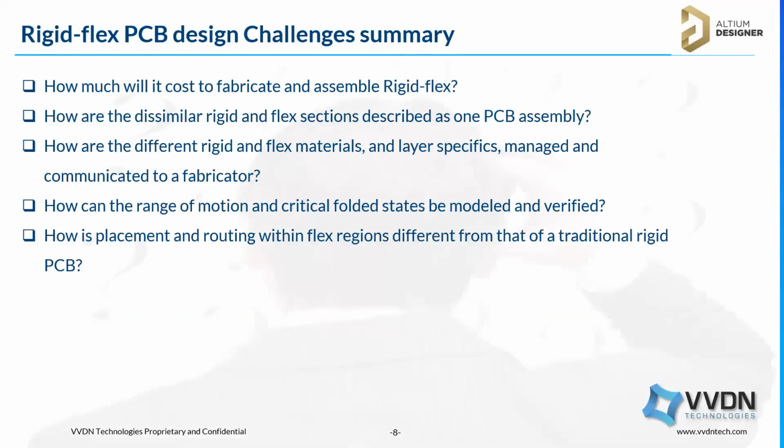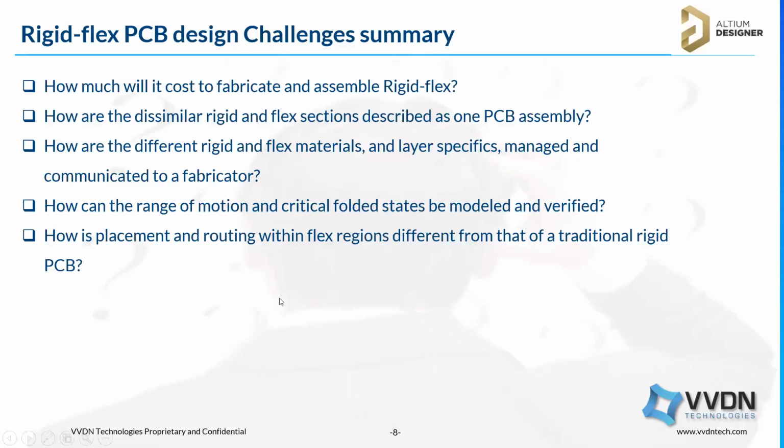Summary of these challenges: how much will it cost to fabricate and assemble Rigid-Flex? It's low cost for fabrication and assembly purposes. Then how do we describe dissimilar rigid and flex sections as one PCB assembly? This we can do in our Altium Designer software, so both are supported.